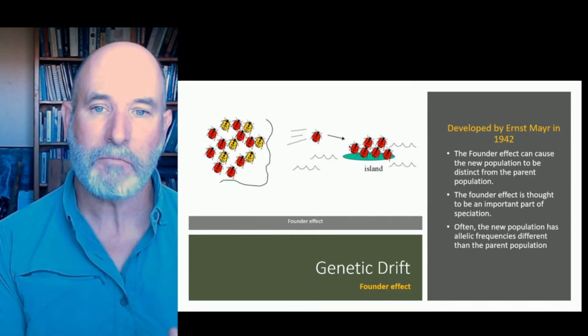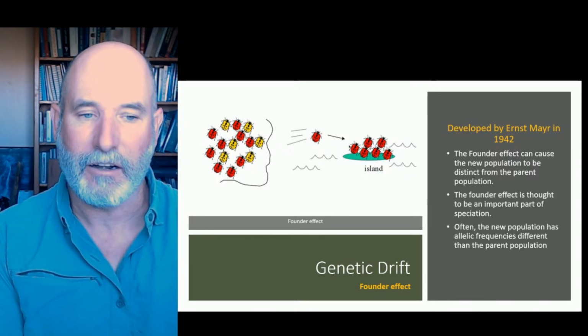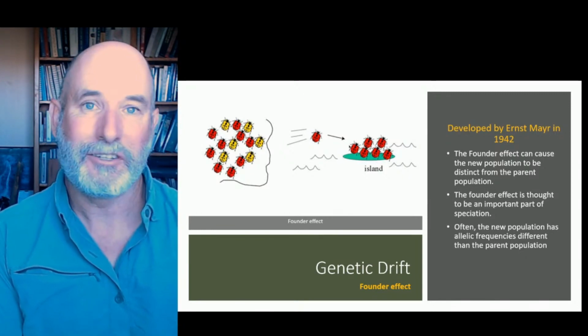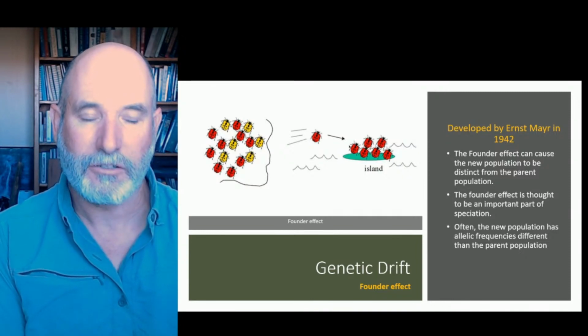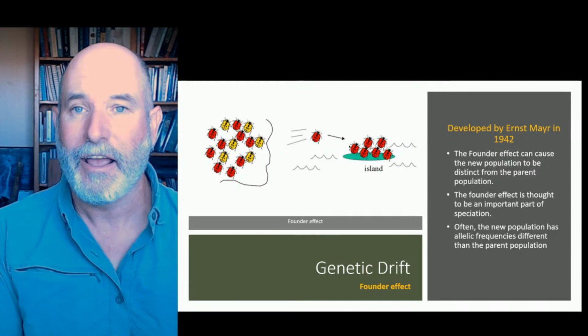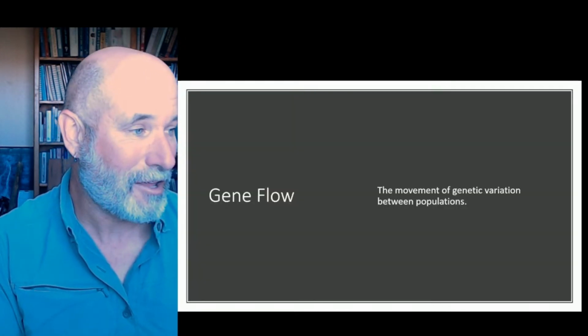It was proposed by Ernst Mayr that when these populations landed there, they go through a bottleneck. There's genetic drift, but they can instantly start going down their own evolutionary trajectory and speciate rather quickly because they've got unique genes, or they will.